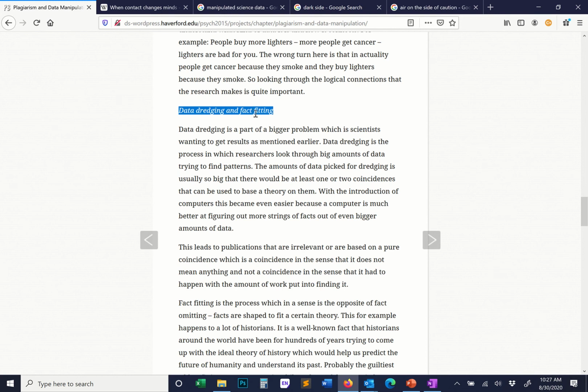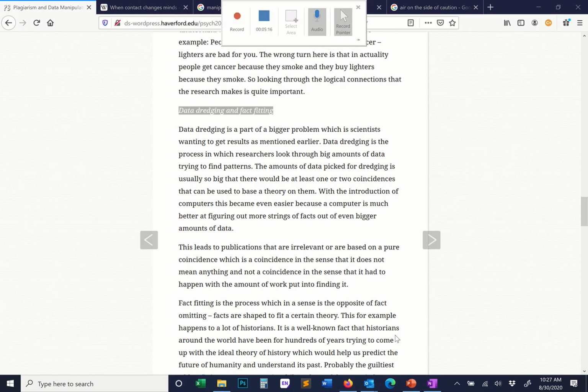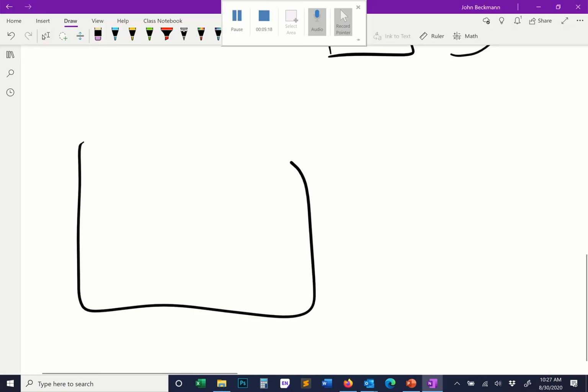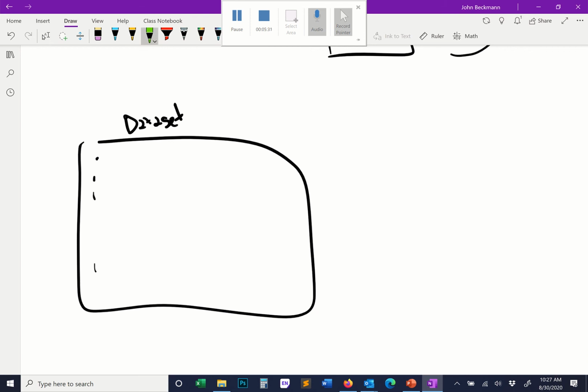Usually, there's a gigantic data set with many, many elements, maybe thousands, maybe hundreds of thousands. And people have a hypothesis, say X, and the problem starts because they've already made their conclusion.